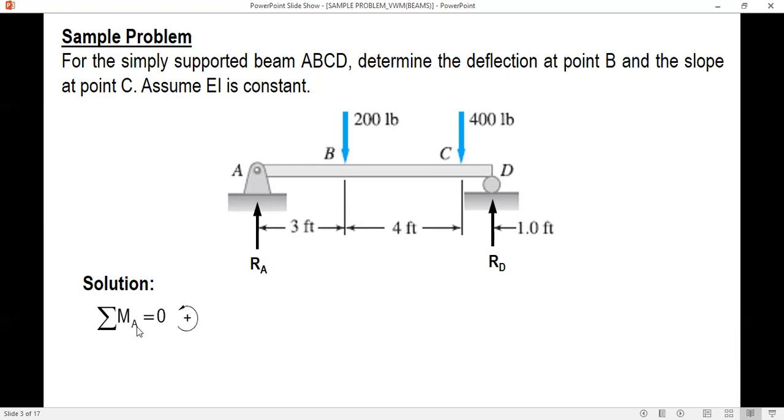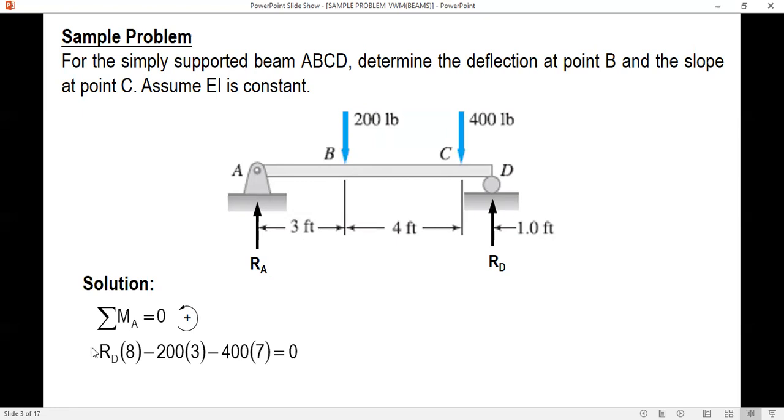Okay, let us sum up moment about point A. Our sign convention is counterclockwise moment positive. So about point A, the moment of 200 is negative since it is clockwise, 400 is negative also since it is clockwise. But for RD, it's positive since it is counterclockwise.